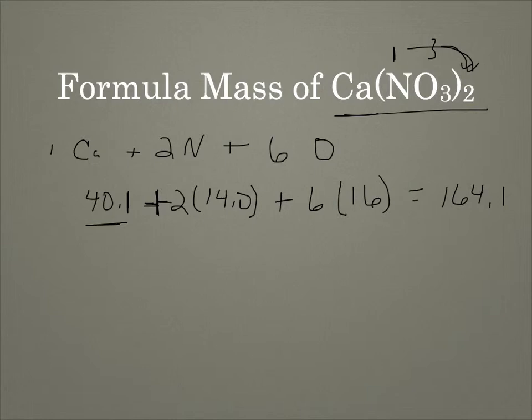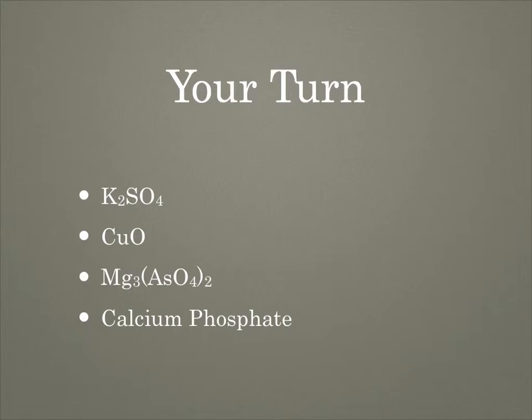So I just say 40.1 plus 2 times 14 plus 6 times 16 equals, and it gives me 164.1. All right, your turn. I want you to stop the video and calculate these out, and then I will give you the answers to see if you did them right. So right now, stop the video.